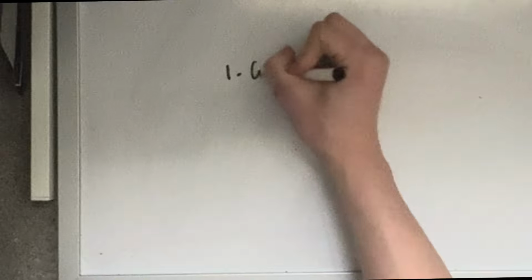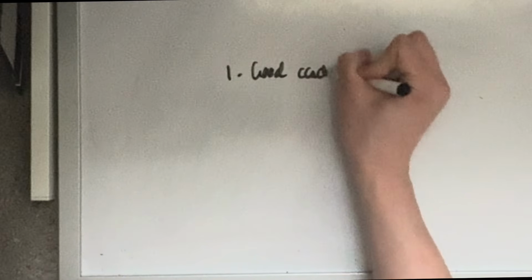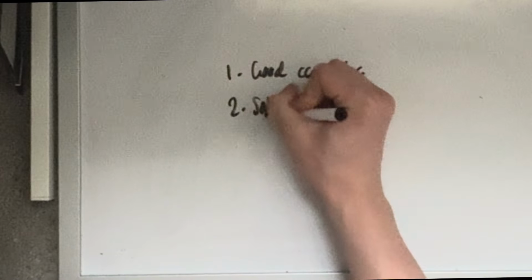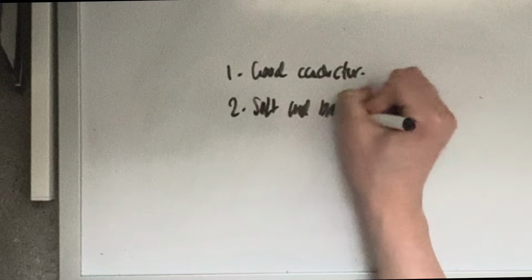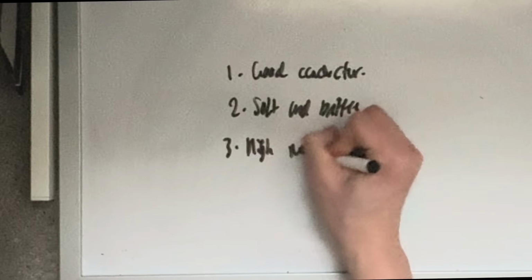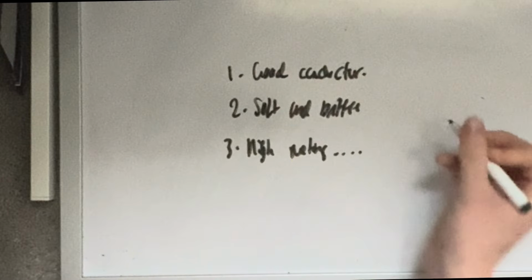So if I flip this flashcard, let's answer it again. So we know it's got good conductor, just gonna skip the rest because we know what it is. Heat and electricity, soft and brittle, and high melting and boiling point.